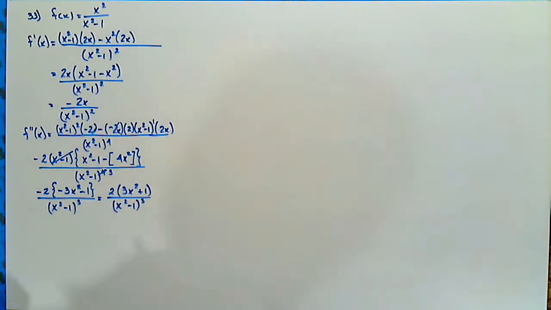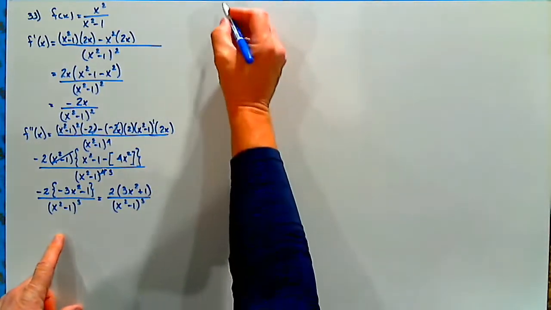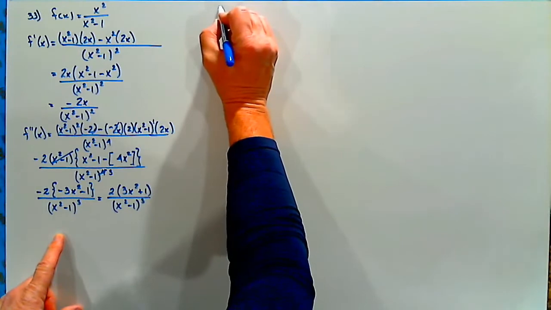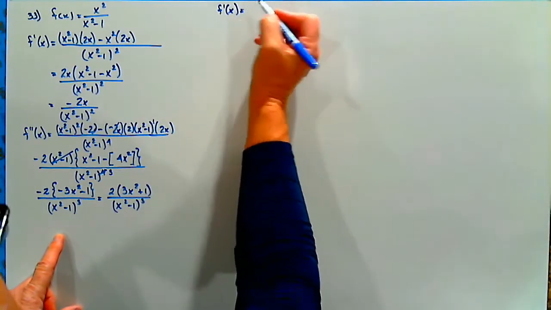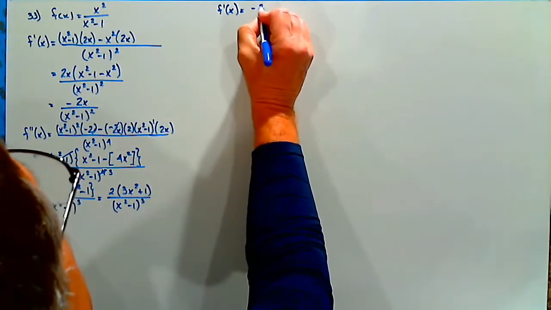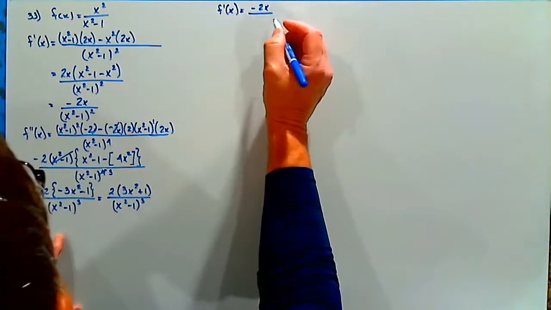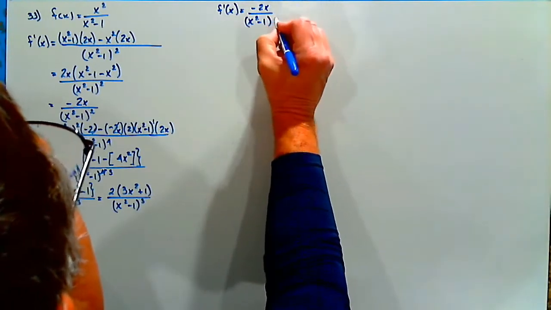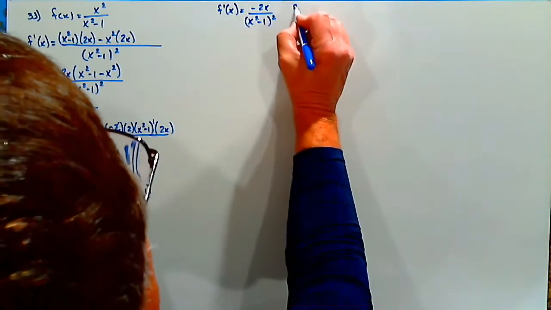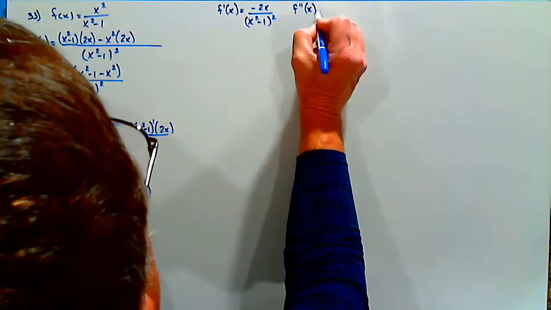So where do we go from here? I'm going to jot these derivatives down up here, so we can get them out of the way. We can use them later. F prime of x, we decided, was negative 2x divided by x squared minus 1 squared, and f double prime of x, right?